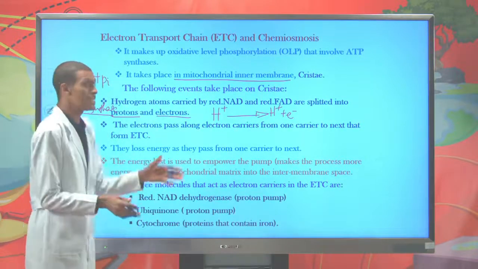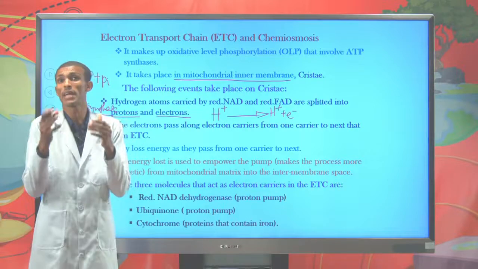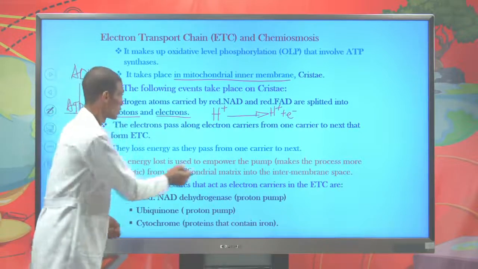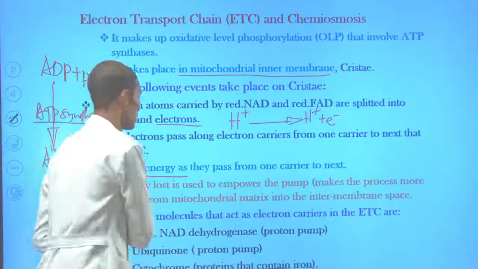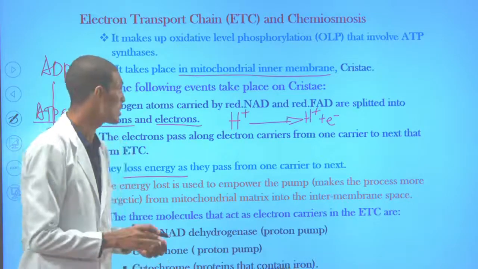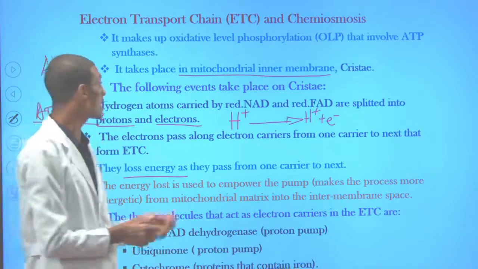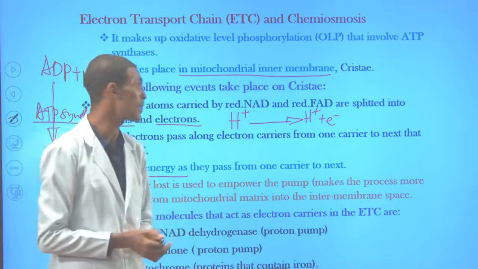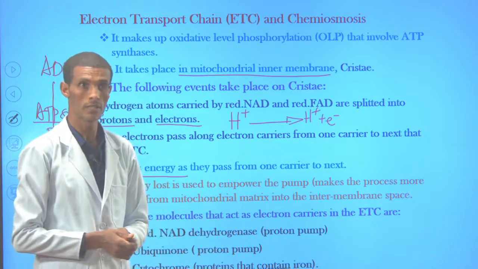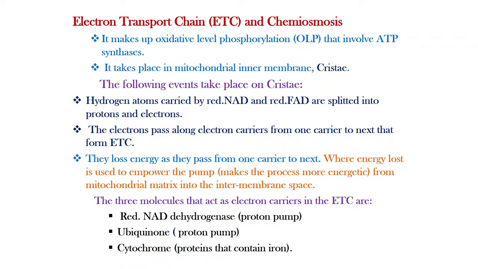Additionally, when the electrons pass from one carrier to the next, they lose energy. The critical advantage of lost energy is making the system of pumps more energetic and powerful.